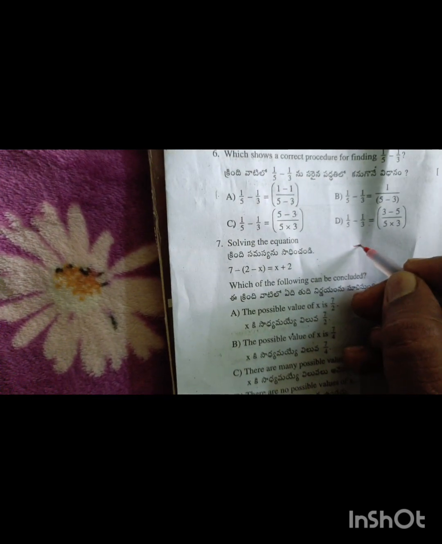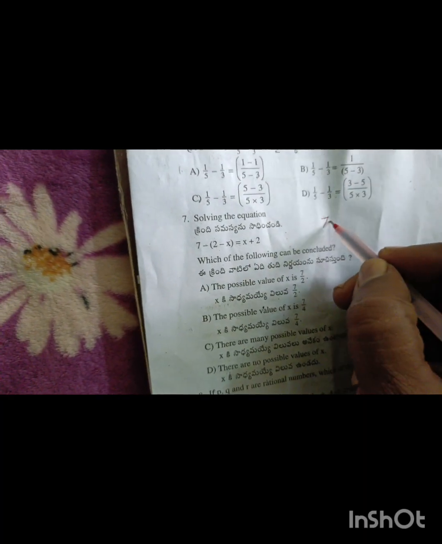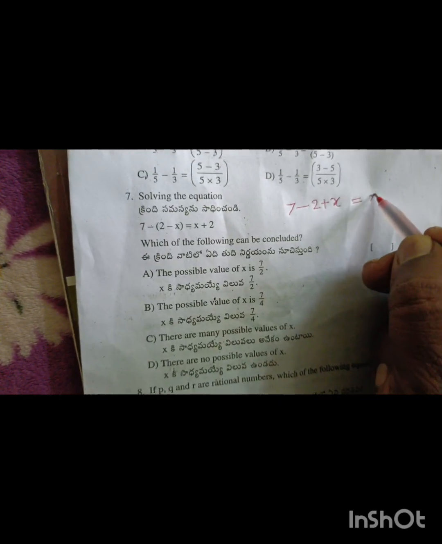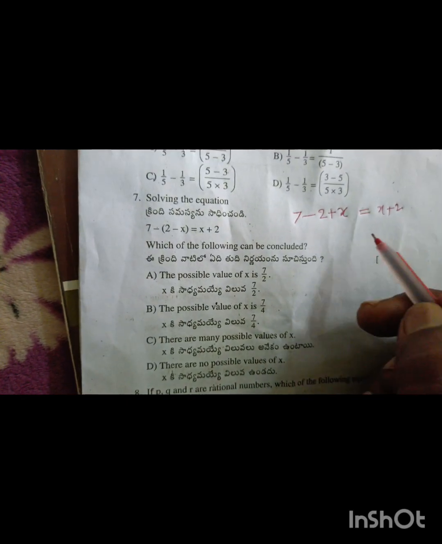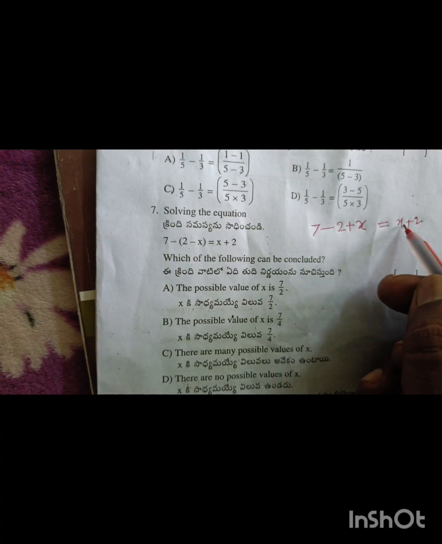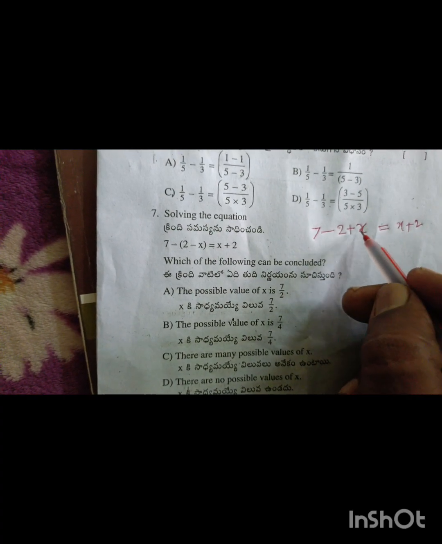If you want, I'll show the explanation. You just see here. It is 7 minus 2 plus x, equal to x plus 2, given. Here also x is there, here also x is there.